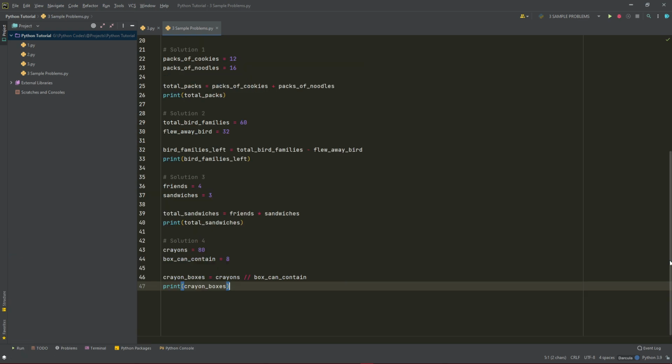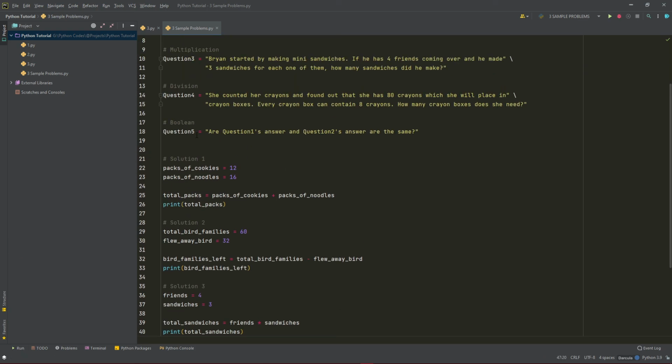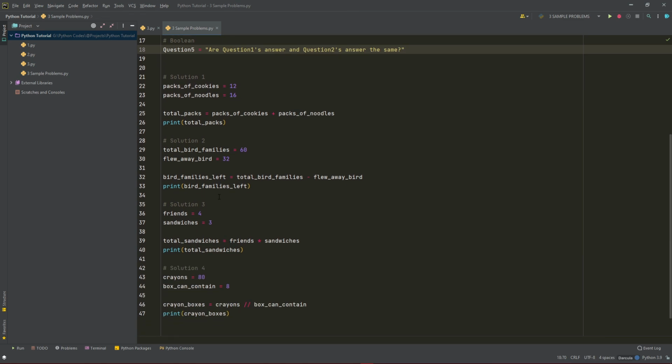Okay? So the last one is for the Boolean. Our question one's answer and question two's answer are the same. Actually, this is wrong grammar. Our question one's answer and question two's answer, are they the same?